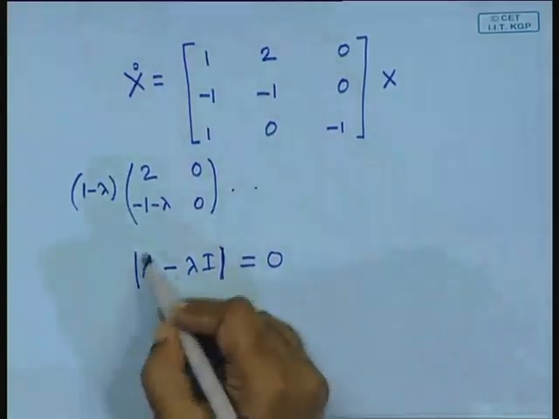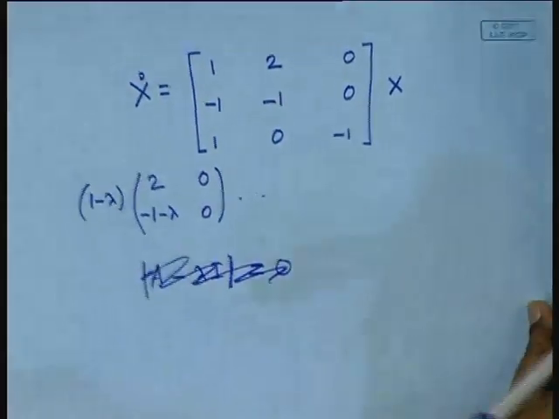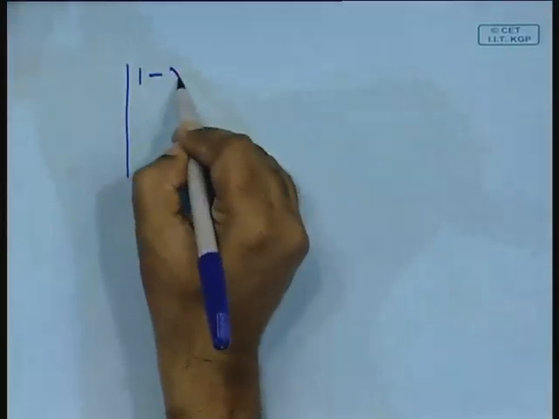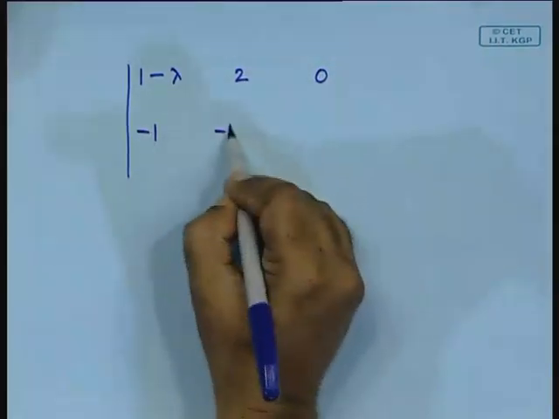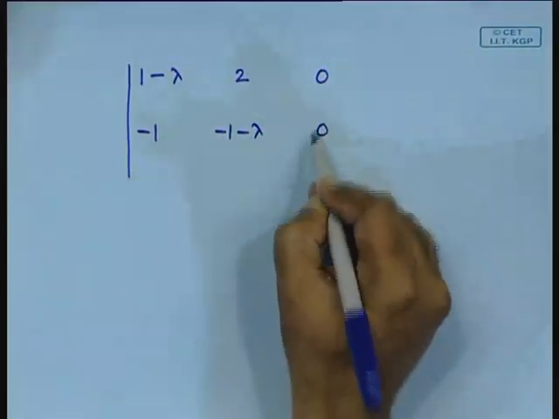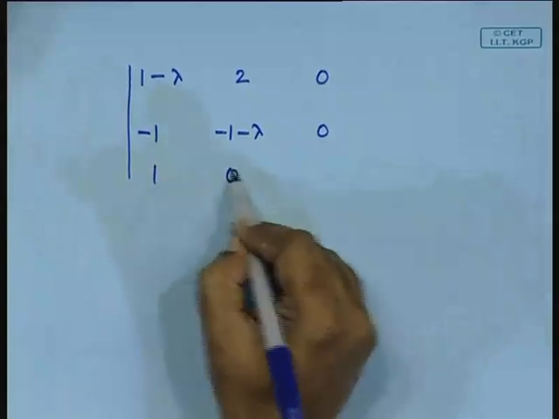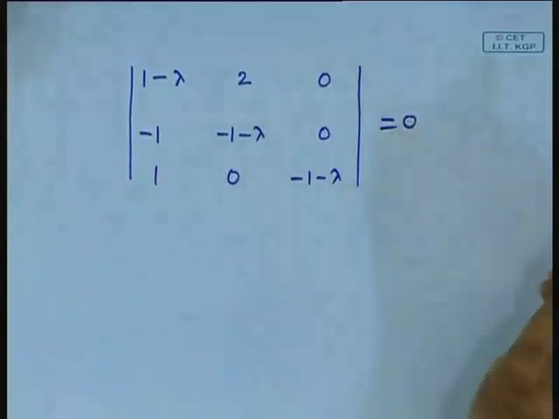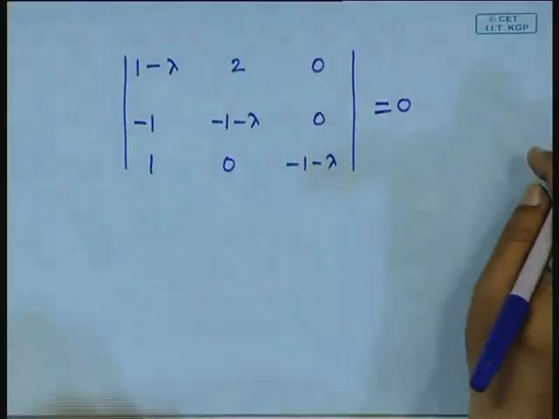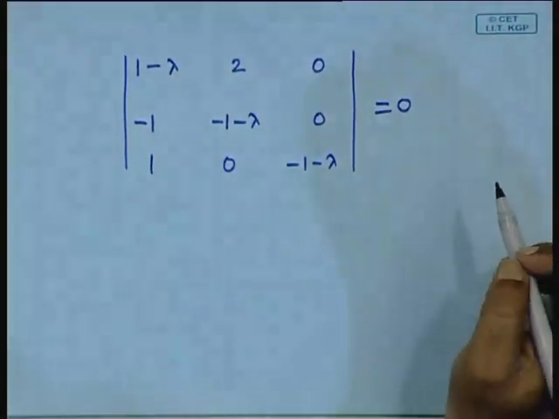So, the determinant will be 1 minus lambda, 2, 0; minus 1, minus 1 minus lambda, 0; 1, 0, minus 1 minus lambda. So, what has it yielded?